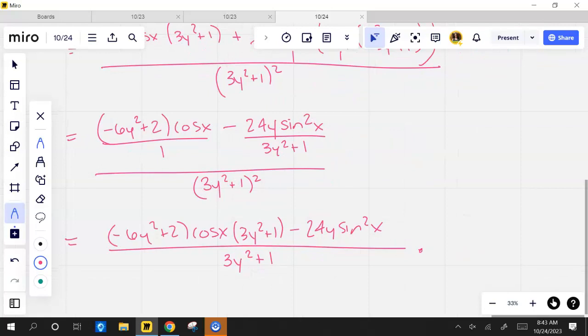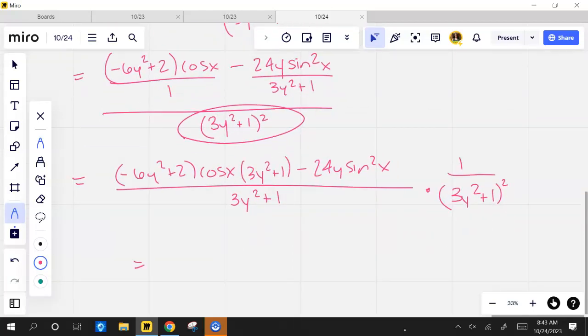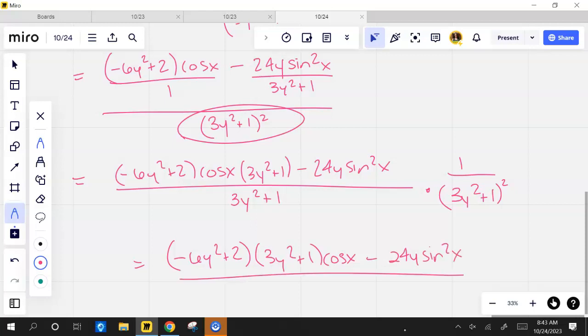But I'm also going to multiply it by the reciprocal of the bottom. I would most definitely stop here.